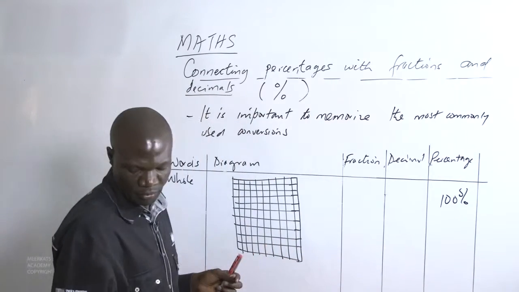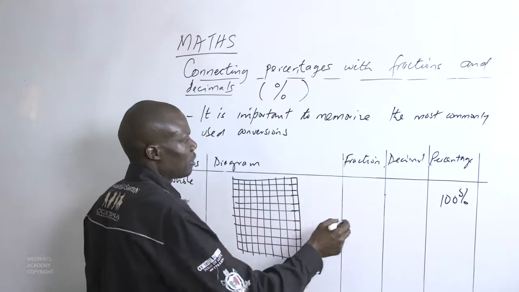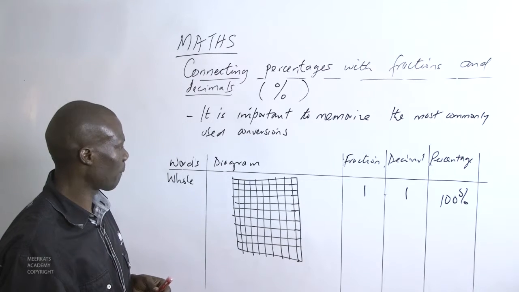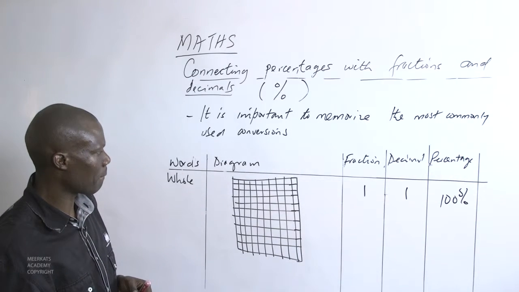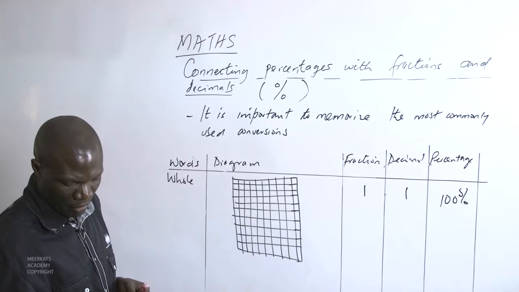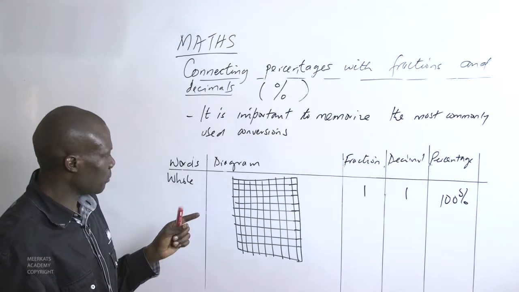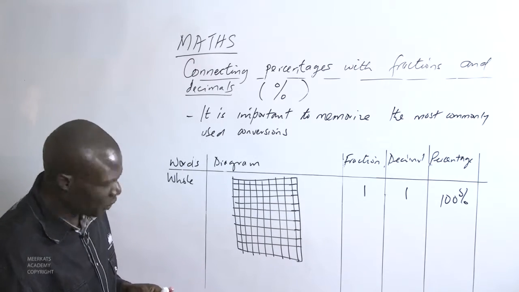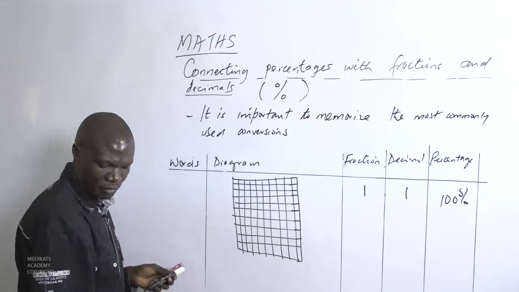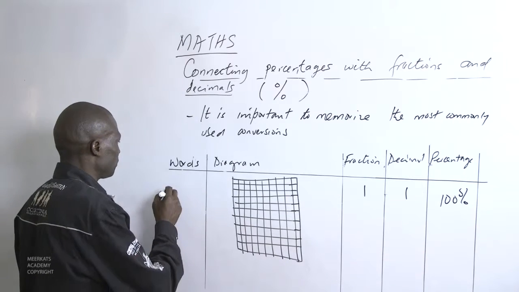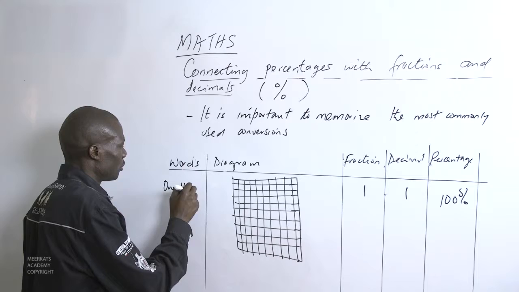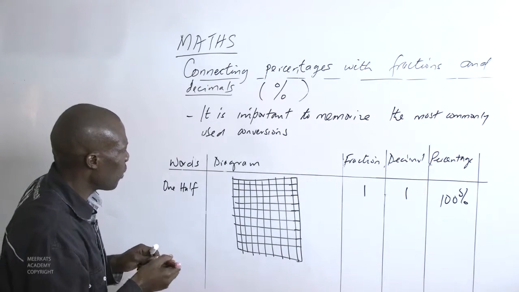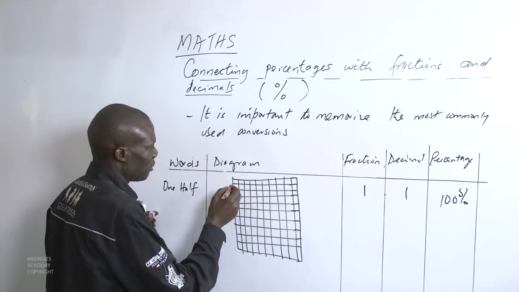As a decimal, what we have is simply 1, and as a fraction, 1. So this is if everything was required. What if what we required was a half? For 1/2, we shall require to shade the first 5.